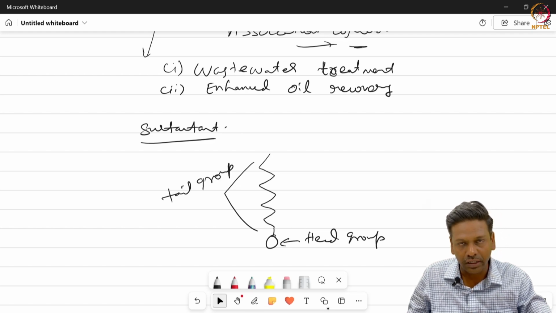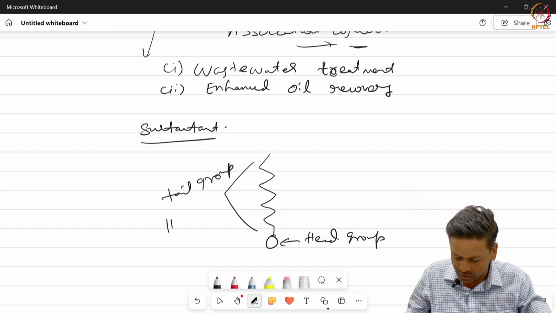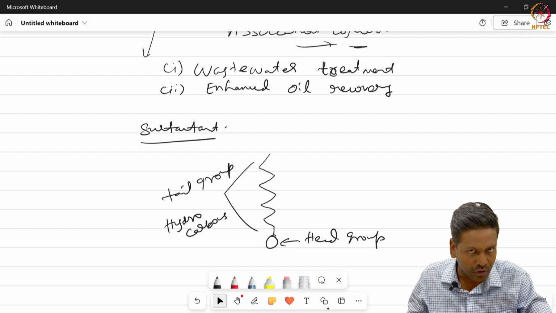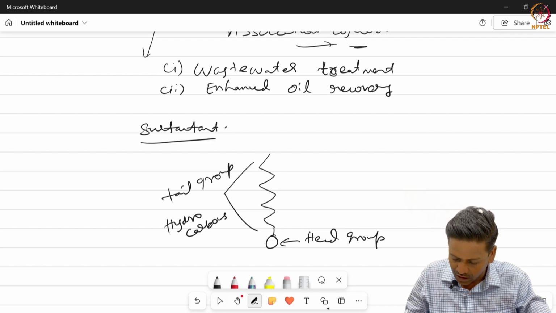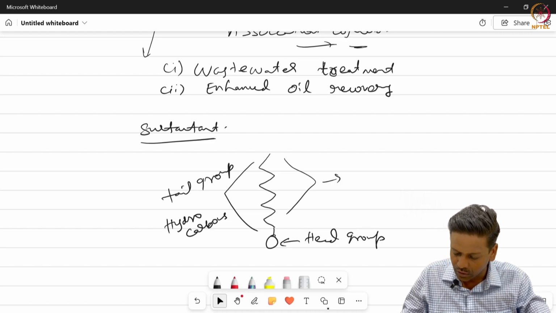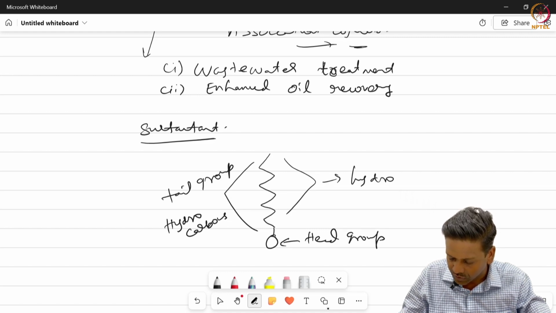This is usually constituted by hydrocarbons. We also call this tail group the backbone of the surfactant, and usually this tail group is hydrophobic in nature.